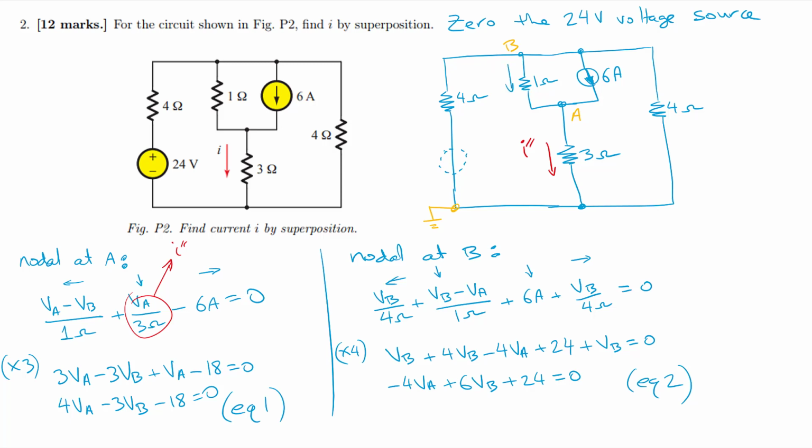Then coming down, we have VB minus VA divided by 1 ohm. And then going down into the current source, we have plus 6 amps. And then going down the final branch, so let's say I've drawn it like that, we've got VB divided by 4 ohms. That's equal to 0.